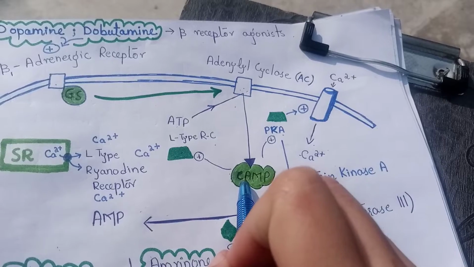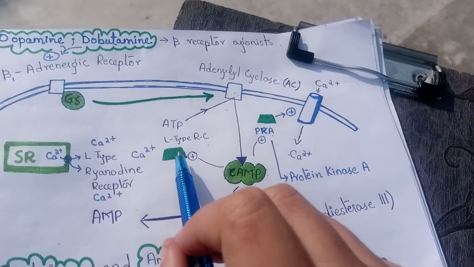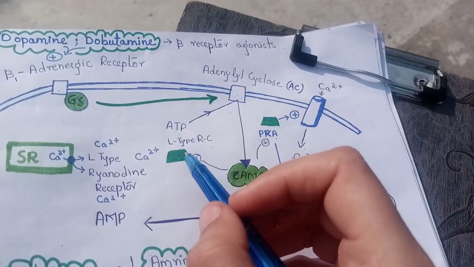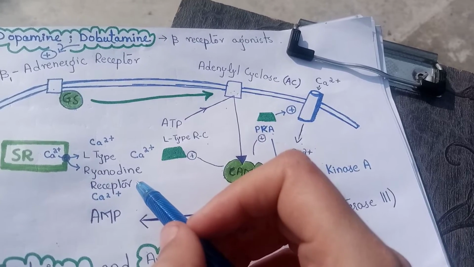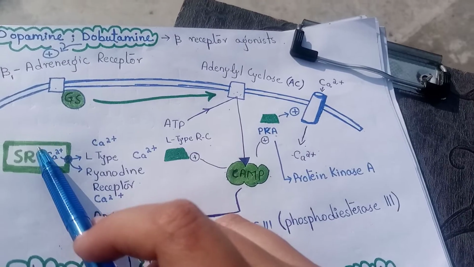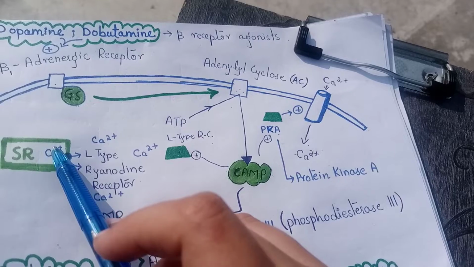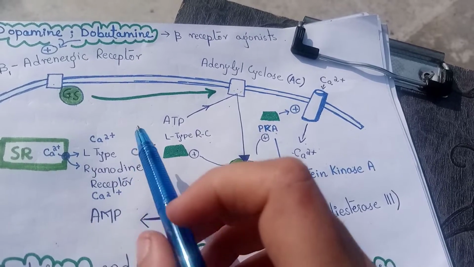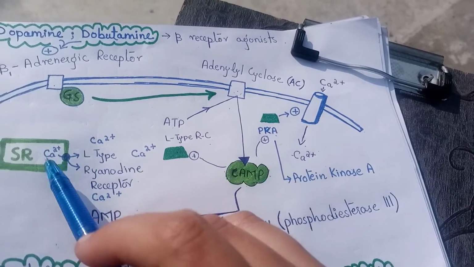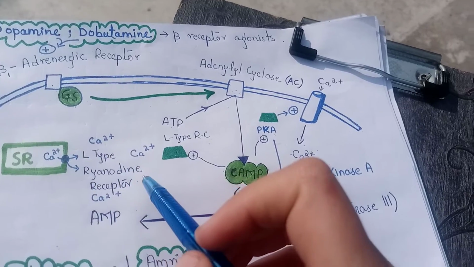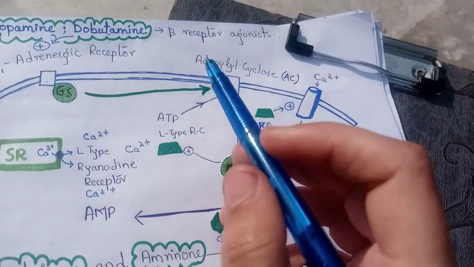The cAMP also directly stimulates the L-type ryanodine receptor to release the calcium from the sarcoplasmic reticulum, and thus the calcium concentration increases inside the cell.